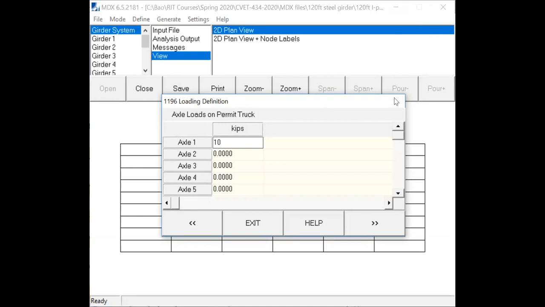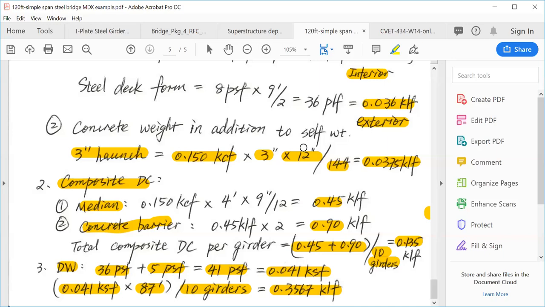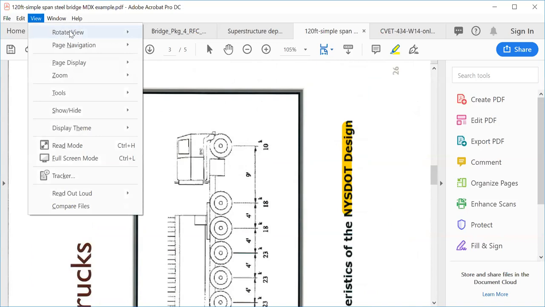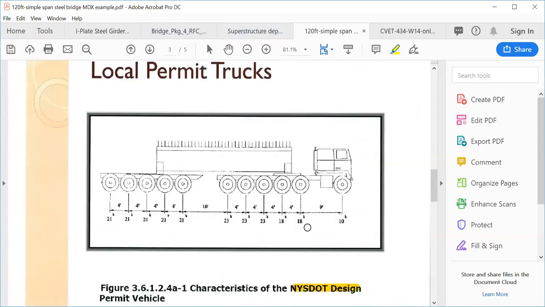Just to refresh your memory for the New York DOT permit vehicle, we have 11 axles, then we have the axle load, and then we have the axle spacing. So we need to input that into the program.